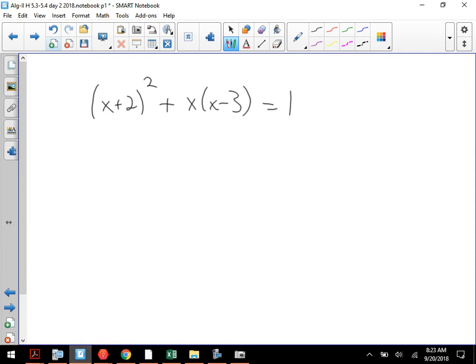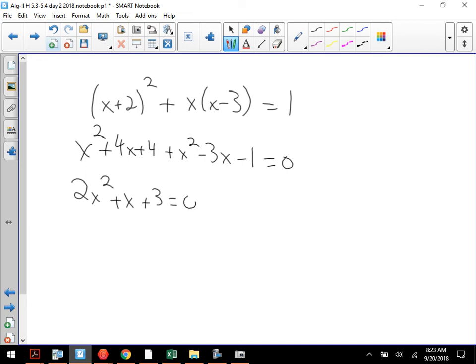In order to solve this one, you'd have to FOIL everything out and combine like terms. You'd get x squared plus 4x plus 4, plus x squared minus 3x, minus 1 is 0. Combine stuff through, we get what? 2x squared plus x plus 3.